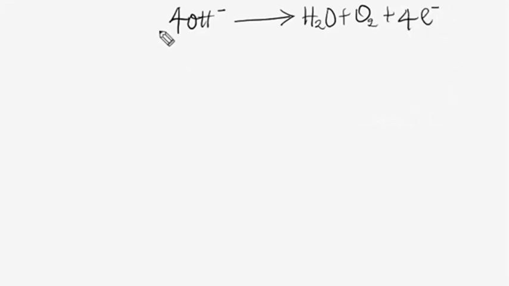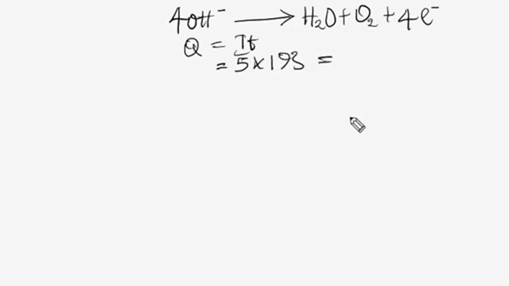Having this now, let's recall that Q, which is the charge, is going to be I times T, where I is the current and T is the time. The current given to us in the question is 5 amperes, times the time given to us, which is 193 seconds.